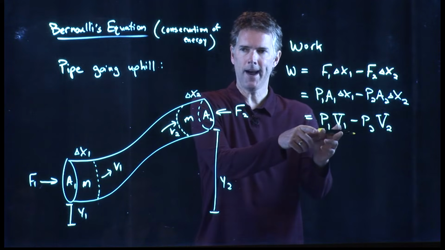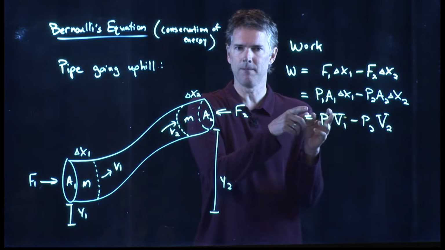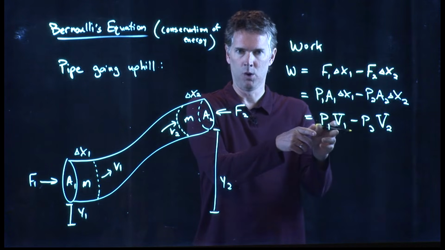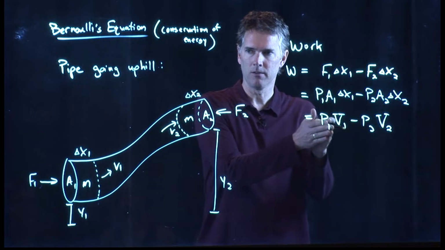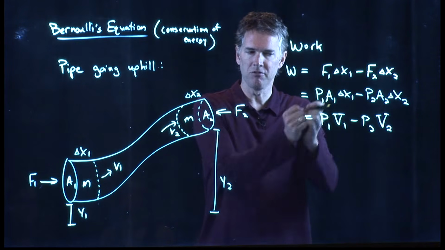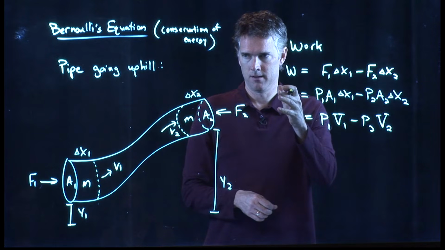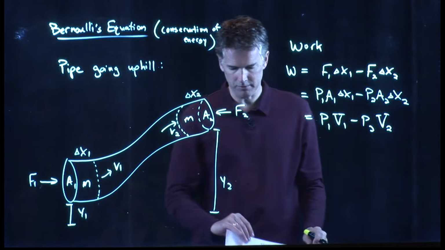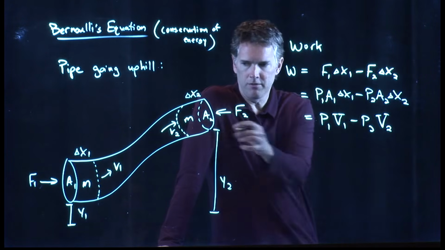Now, right off the bat, you should look at this and go, wait a minute, that sounds like something I learned about in chemistry. Work equals P delta V, right? P times V, that is work. You might remember this from your chemistry classes. But the volume here is the same, right?